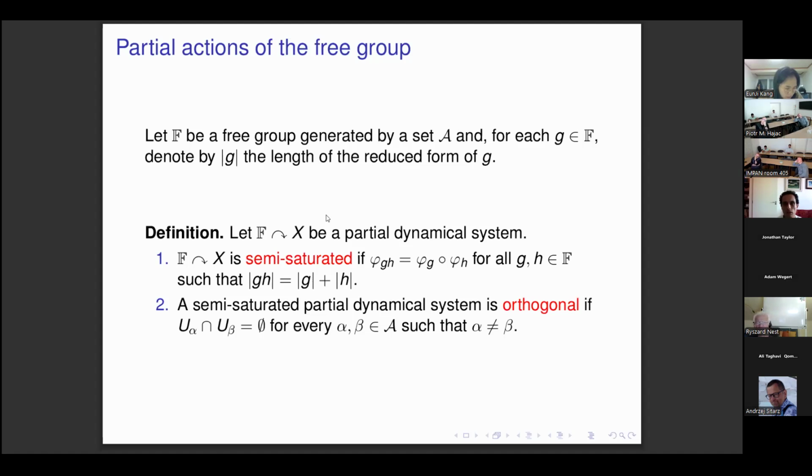It's just that this free group is confusing when you say free group, because you basically have an action of a free abelian semigroup. So your condition there, your partial action being semi-saturated, really says that you have a positive semigroup, N to some power k, acting. Because of this condition, right? Abelian, yes, abelian.